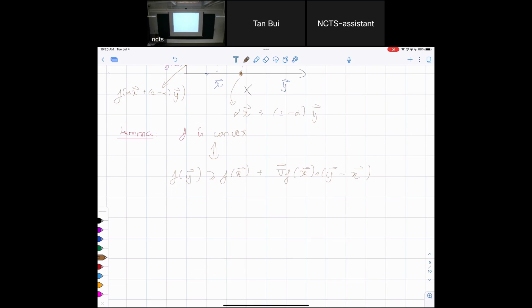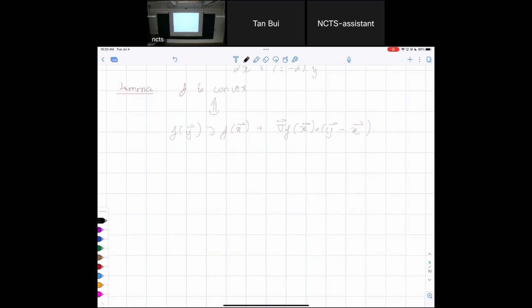So if the function is convex, let's do it again, our convex function here. And then if we pick a point x here, and this is again our x here. If the function is convex, then this one is f(x) plus gradient of f(x) dot, I'm sorry, this is dot, right?